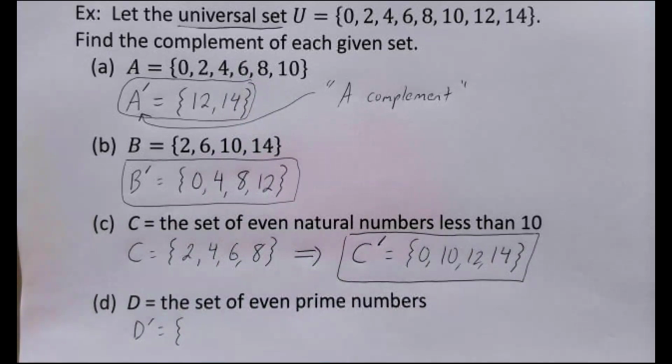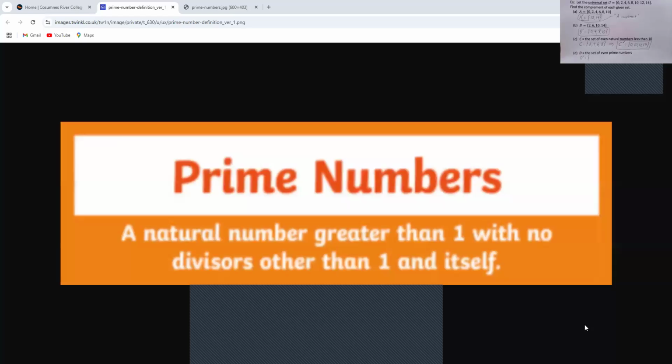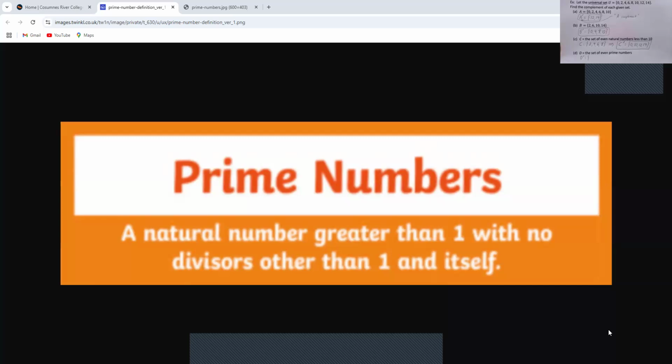I actually think we should probably remind ourselves what a prime number is. A prime number is a natural number greater than 1 with no divisors other than 1 and itself.